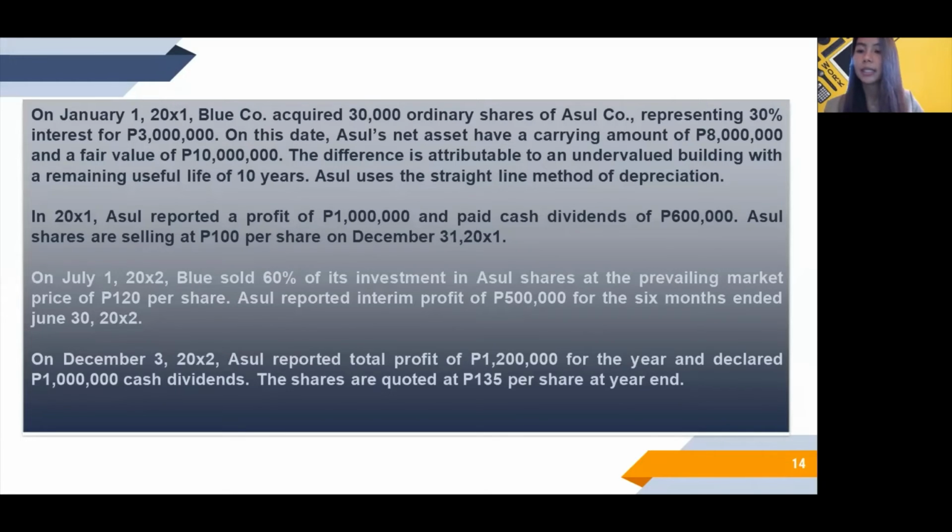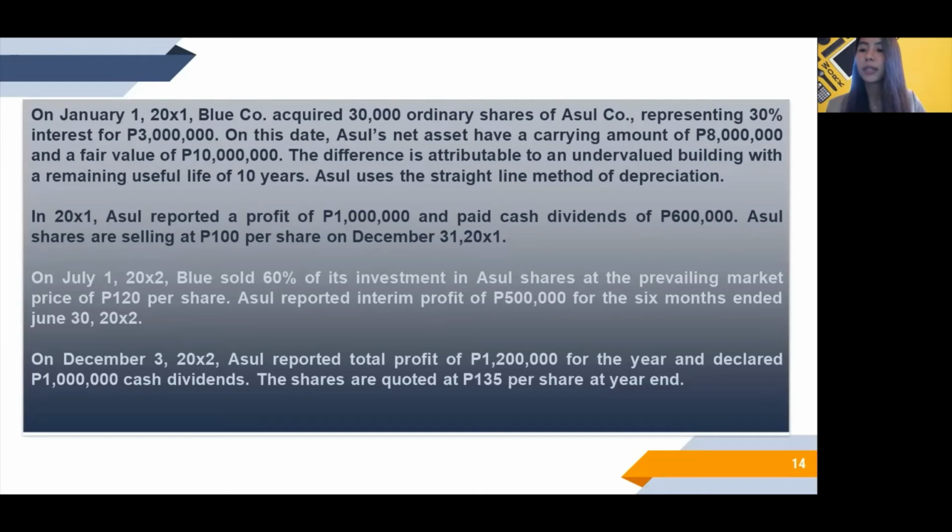The difference is attributable to an undervalued building with a remaining useful life of 10 years. Azul uses the straight line method of depreciation. In 20X1, Azul reported profit of 1 million pesos and paid cash dividends of 600,000. Azul shares are selling at 100 pesos per share on December 31, 20X1.